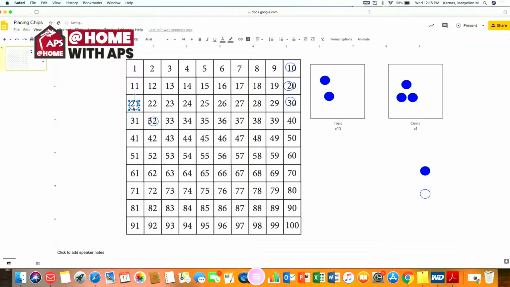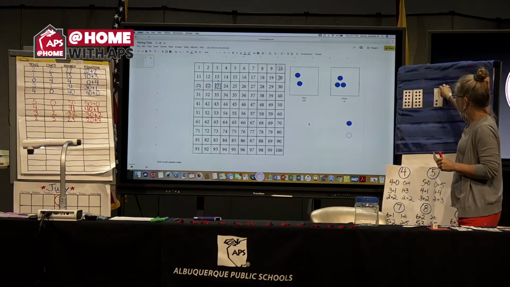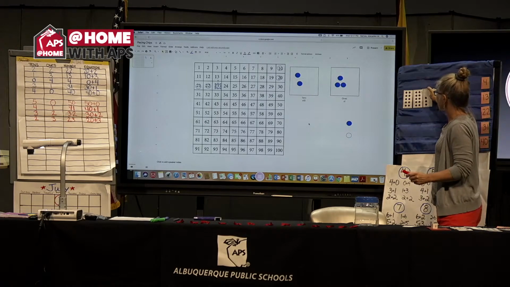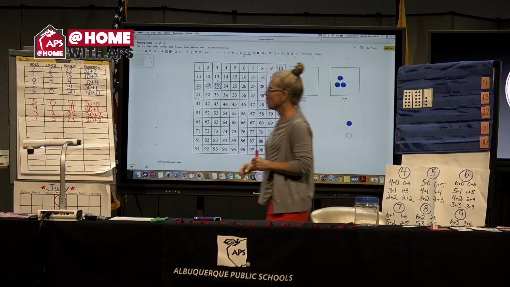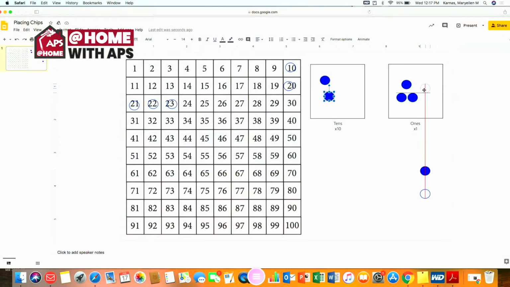So let's change our hundreds chart to show it. We'd have to take a 10 away, right? And add 1 to our 1s. That number is getting smaller and smaller. We're almost there. I'm going to do one more, and then I think we're going to have to just think about what happens next.